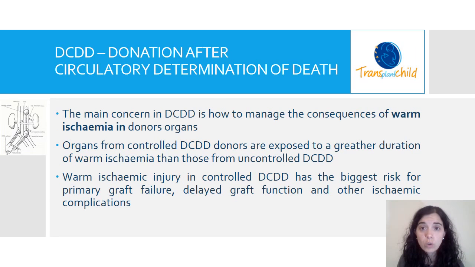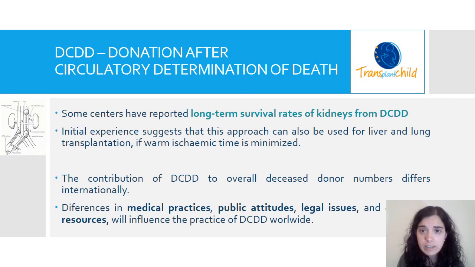Organs from controlled DCD donors are exposed to a greater duration of warm ischemia compared to those from uncontrolled DCD. Warm ischemic injury in controlled DCD carries the biggest risk for primary graft failure, delayed graft function, and other ischemic complications. Despite an increased incidence of poor initial allograft function, some centers have reported long-term survival rates of kidneys from DCDD comparable with kidneys recovered from heart-beating and living donors.